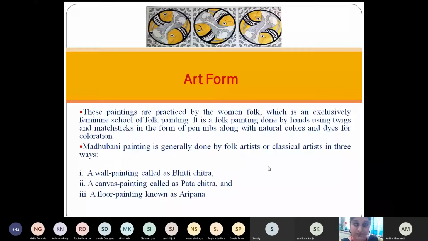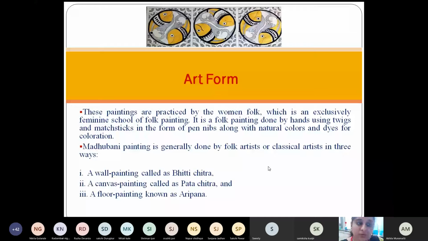A few years ago, the School of Folk Painting still existed across the state, and it is usually done by hand. We do not use brushes like we do in modern paintings. In the earlier days, it was all done with twigs and matchsticks, used in the form of a pen, nibs, and the color medium used was mostly natural colors and dyes for coloration.